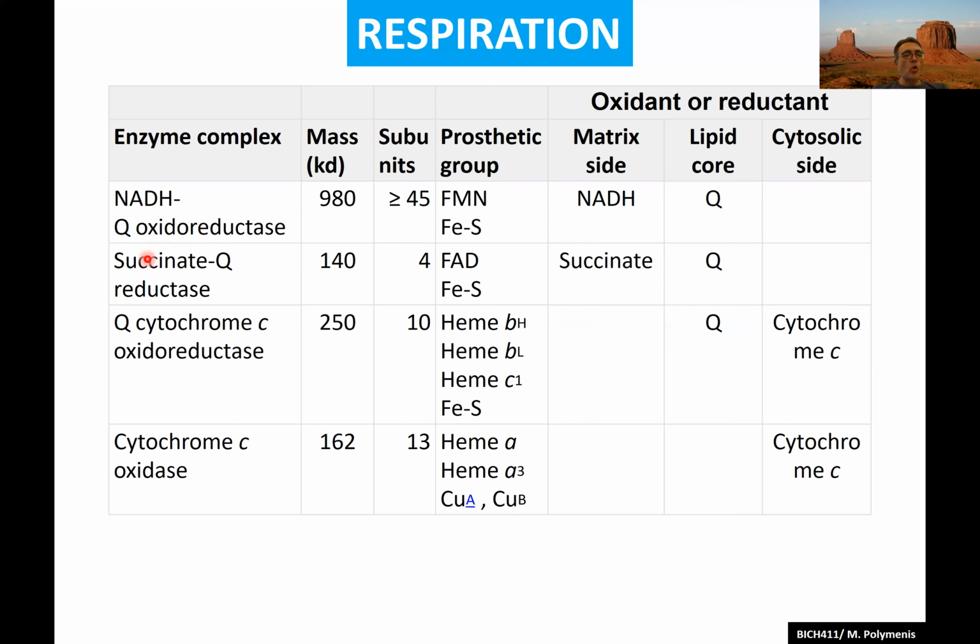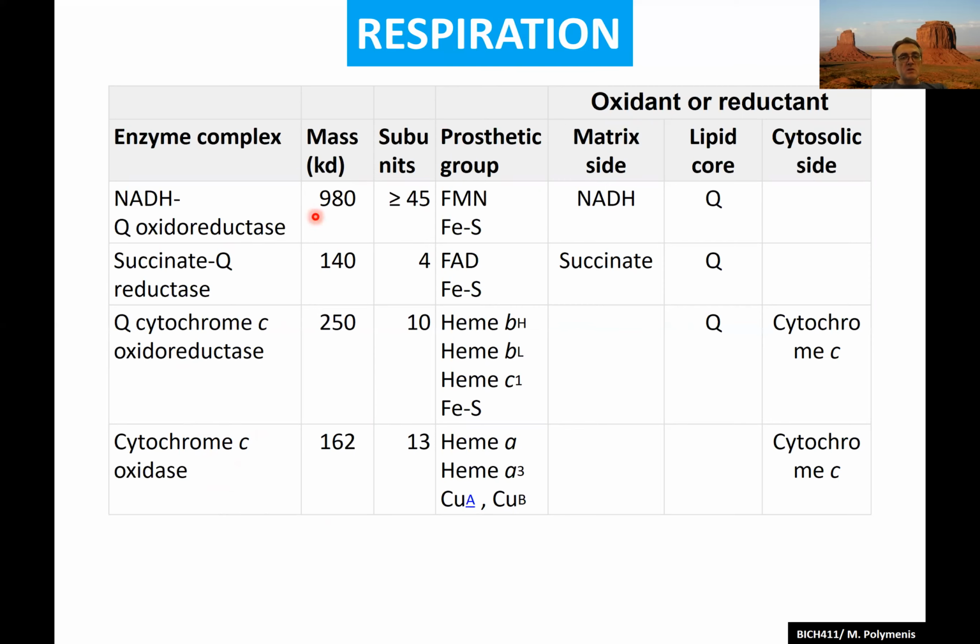It's either 1 or 2, and the electrons are found on Q. Then Q passes the electrons to complex 3, okay? And then we go on to complex 4, and this is where copper is found, and this is where we actually have the reduction of oxygen to water.